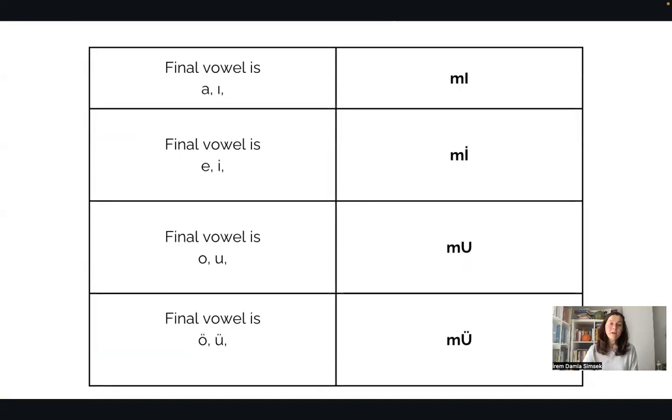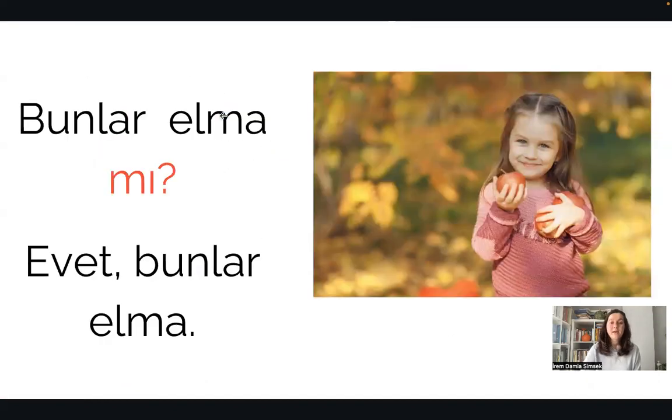You will use them according to the final vowel of the word. So, bunlar elma mı? Are these apples? Elma ends with an A, so after A, you continue with m. You can think of these, mı, mi, mu, mü, as question words. They make questions that can be answered with yes or no.